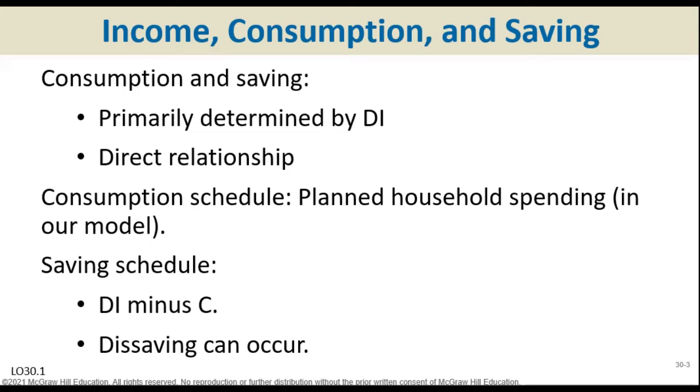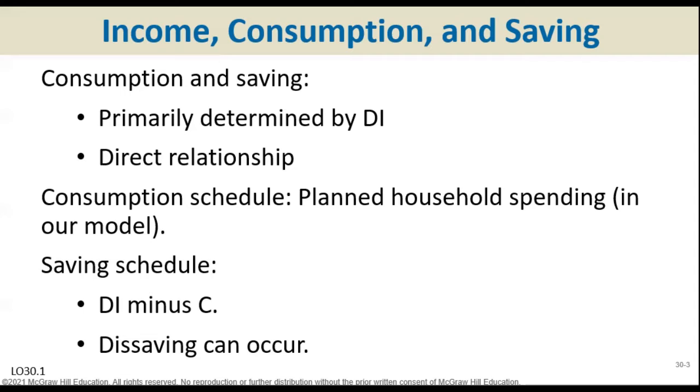So we can make the following conclusion: households consume a large portion of their disposable income, right? And they spend a larger portion of a small disposable income than of a large disposable income.